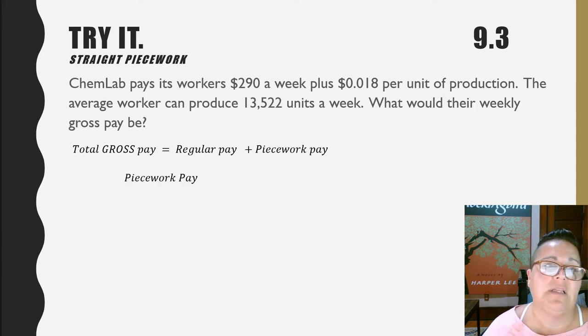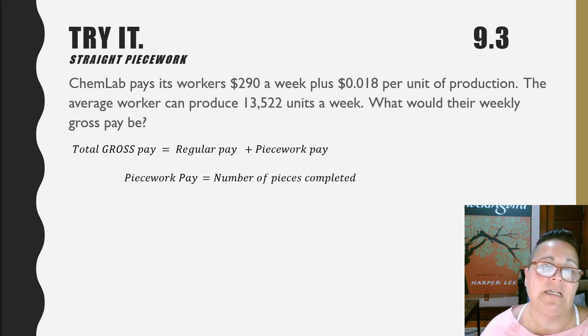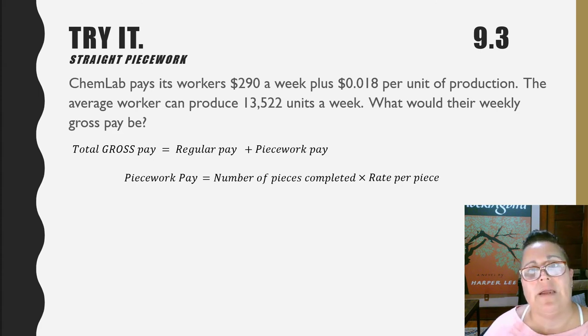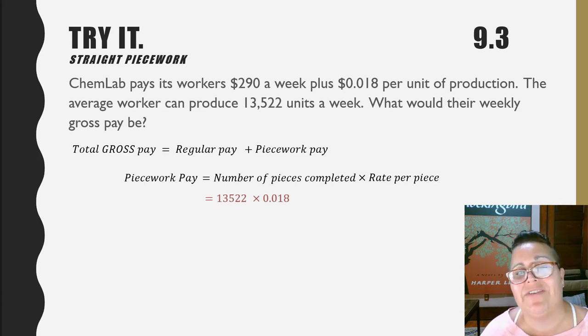To calculate their piecework pay, we need to know the number of pieces they completed, and we want to multiply that by the rate per piece. In this case, it's pretty straightforward. We know they were able to complete 13,522 pieces, and we know they got 0.018 of a dollar per piece, so 1.8 cents.